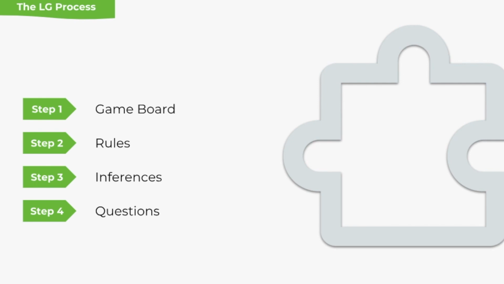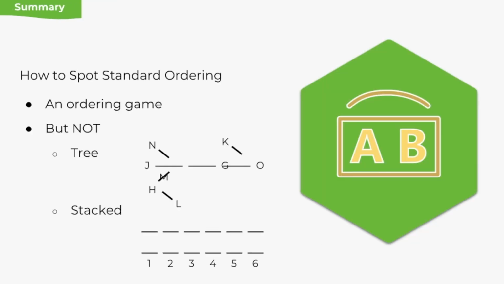So the process for logic games in general, remember, is first you create the game board, then you notate the rules, then you make any inferences that are available, and then you look at the questions. You spot a standard ordering game by recognizing that it's an ordering game, and you also see that it's not a tree ordering game and not a stacked ordering game.